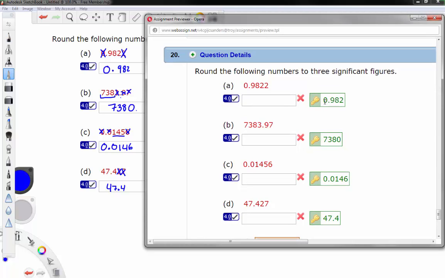This one says 0.982, and that's what I put here. This one says 7380, that's what I put here. 0.0146, that's what I got here. And 47.4, that's what I've got here. So it looks like my answers and their answers are in agreement.